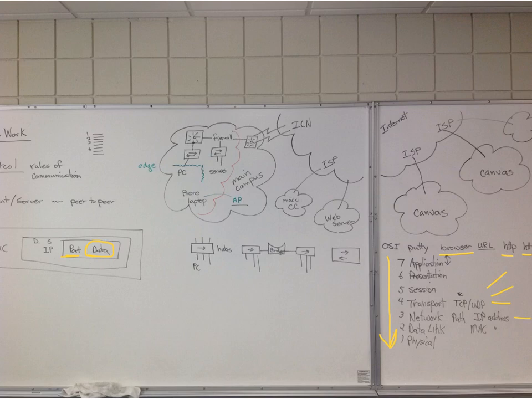Then I'll get an IP address, source and destination, and it puts a MAC address on it. The MAC address would get it up through until this routing device. And then that'll look and see if it should be routed this way or this way, looking at the IP.